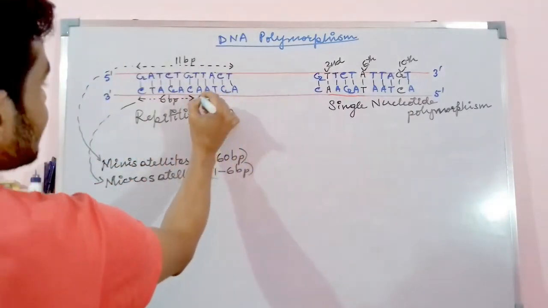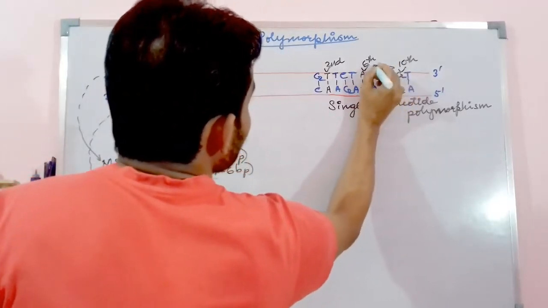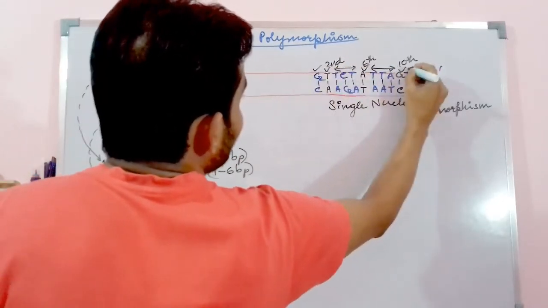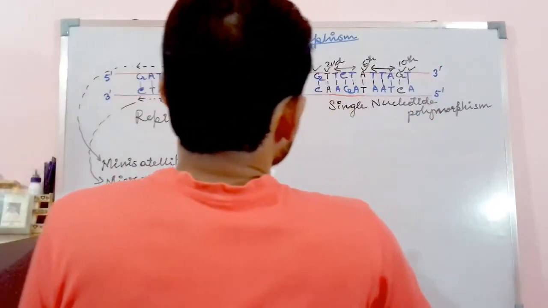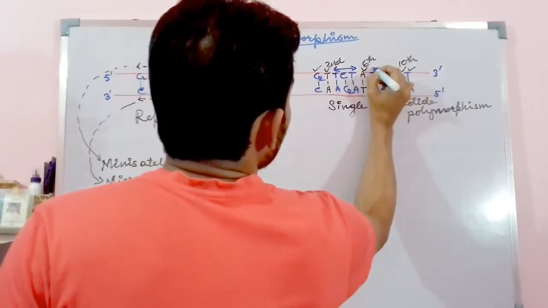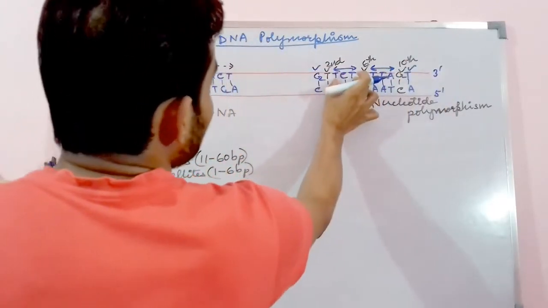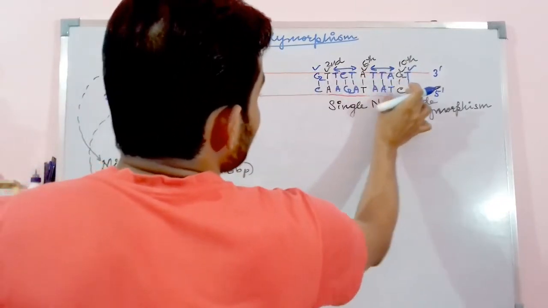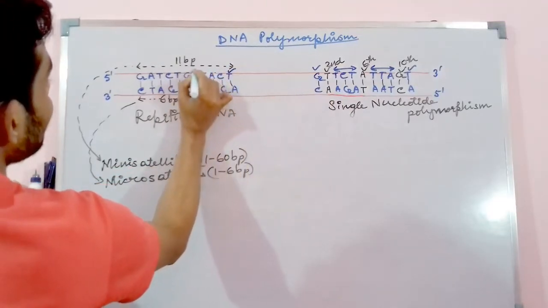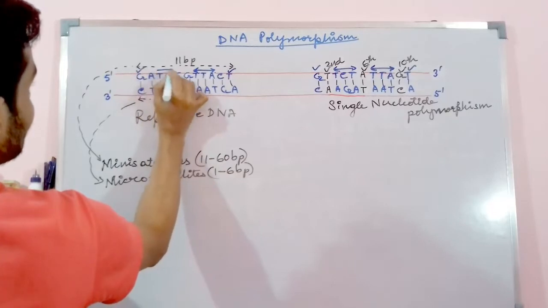The structure means here this particular sequence, this one and this one, this particular sequence of 3 nucleotides, here also 3 nucleotides, this nucleotide and this nucleotide is same here also and here also, and in this position here also.